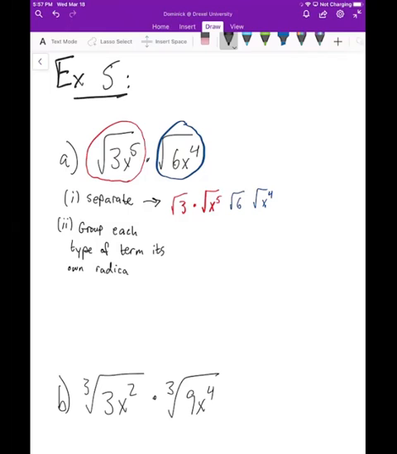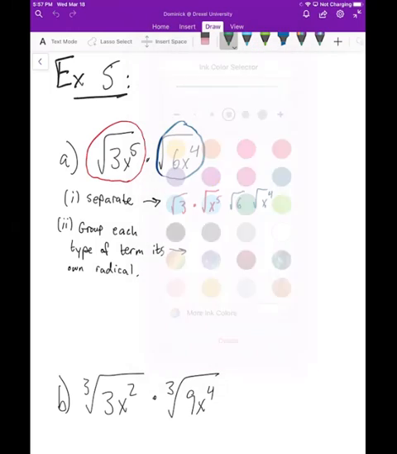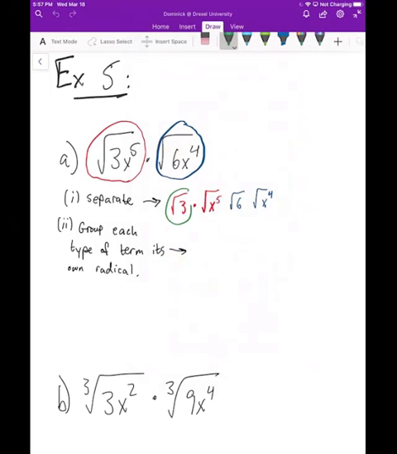What I mean by that, for example, is that I want to take, let's maybe use a different color, let's use green. So for example, I can take this square root of 3, this square root of 6, and I want to put them together inside their own radical using the same rule that we used to undo them, but now we're going to bring these two specifically together as a square root of 18.